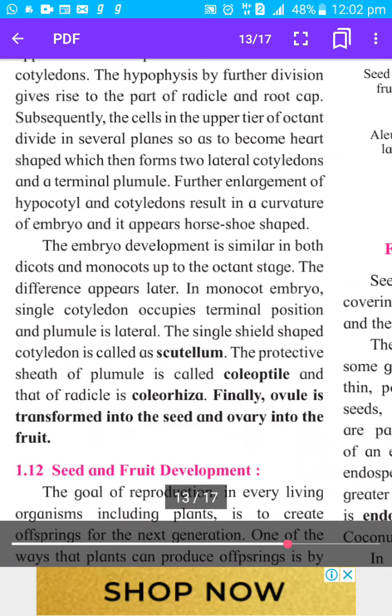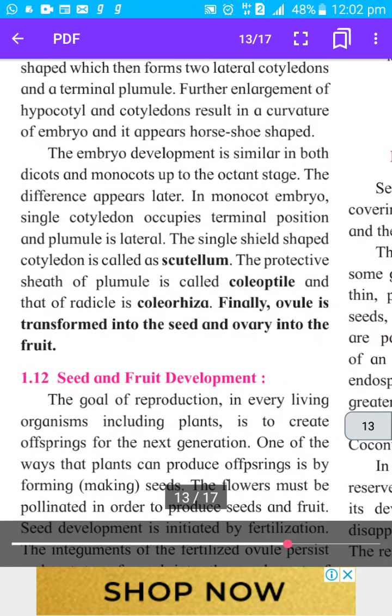In monocot embryo, the single cotyledon occupies a terminal position and plumule is lateral. Plumule means growing shoot or stem. The single shield shaped cotyledon is called scutellum.